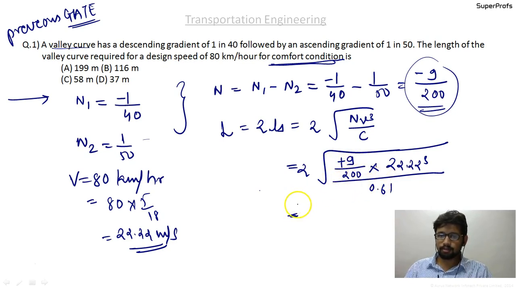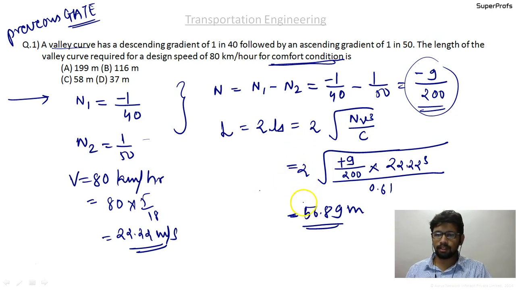The answer comes out to be 56.89 meters. So based on the comfort condition, the length of the valley curve is 56.89 meters and the answer is option C. What you see here is that it is a very straightforward question. Once you know the formula, you can easily answer it.